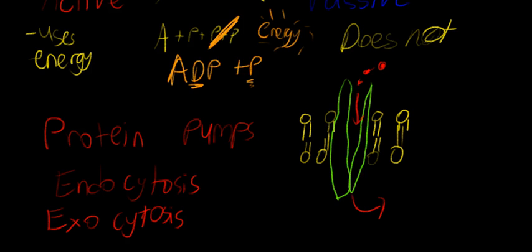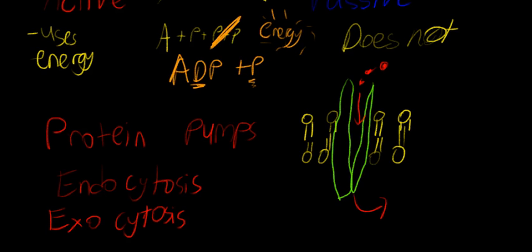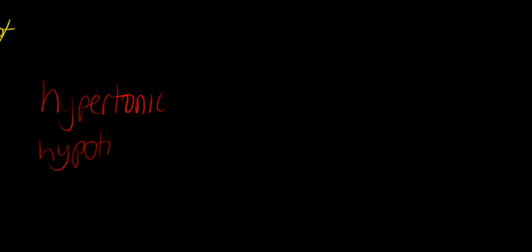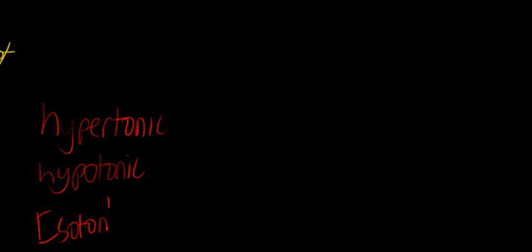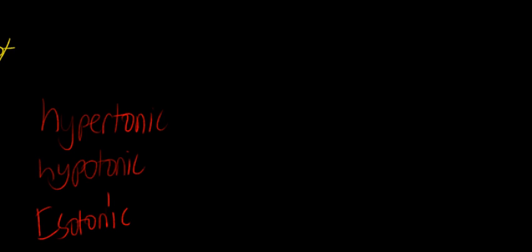this side. Now, before we get into this concept, we have to talk about something called diffusion, about hypertonic, hypotonic, and isotonic. These are 3 very confusing terms for biology students because they are very conflicting, and it really depends on your frame of reference.